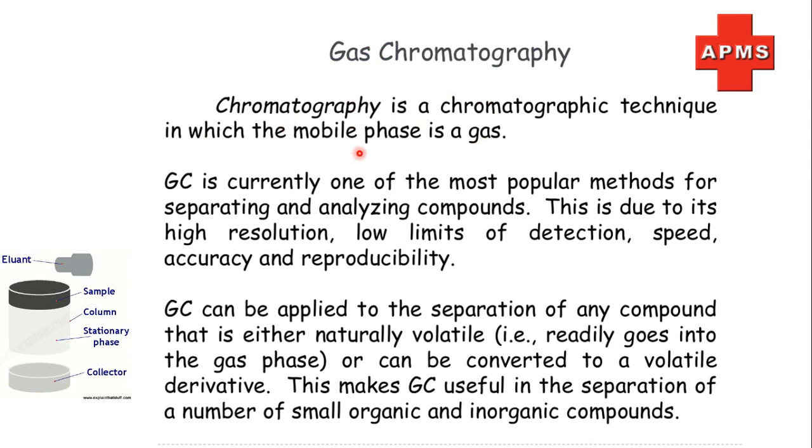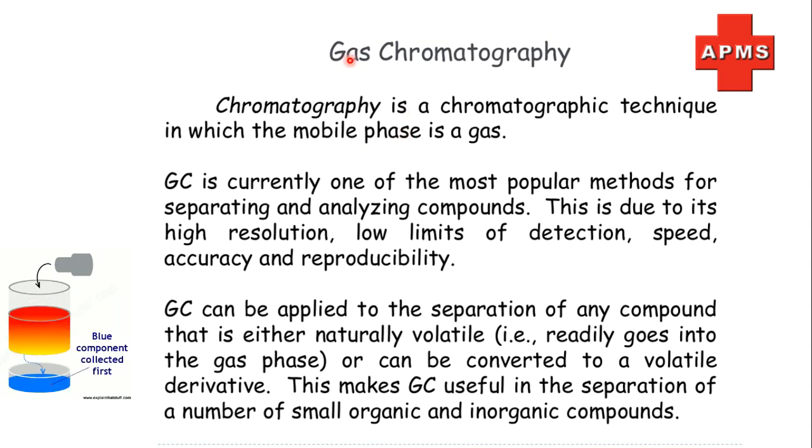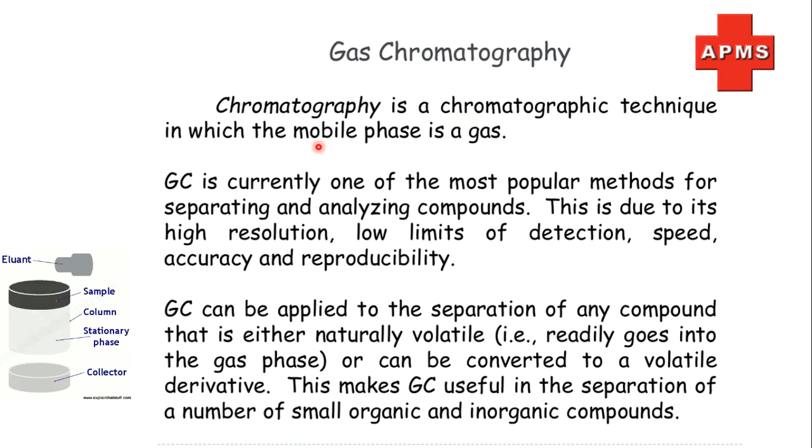Other things are the same, meaning the stationary phase or the sample could be the same as in other chromatography, but here the mobile phase will always be in the gas physical state. We know that the mobile phase state could be of two types, gas or liquid. Here the mobile phase physical state will be gas.